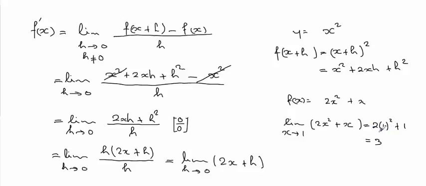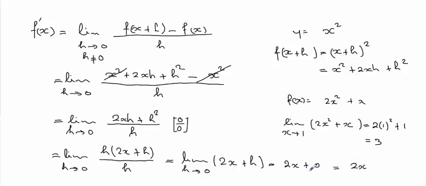Then we resort to evaluating the limit directly, because remember, if the function is continuous and defined, the limit coincides with the value of the function. So in this case, this will be 2x plus 0, which will give us 2x.